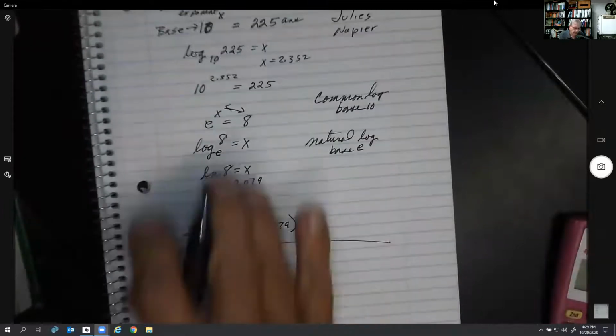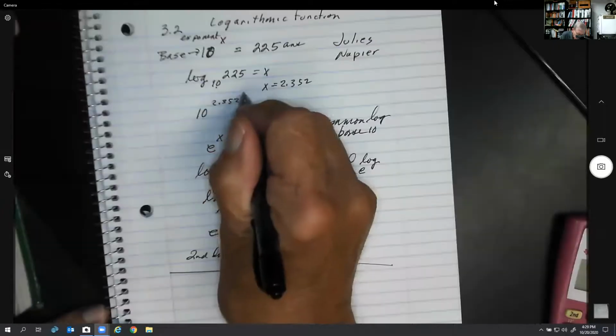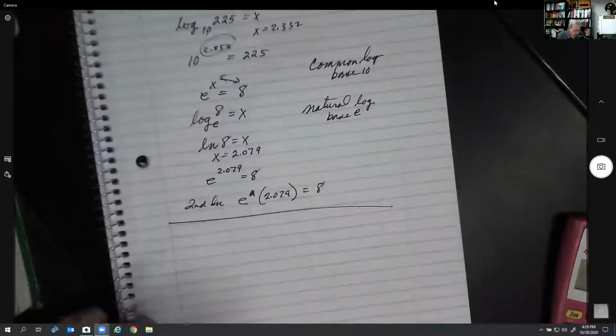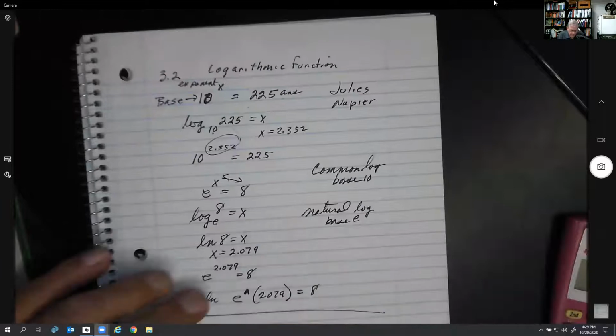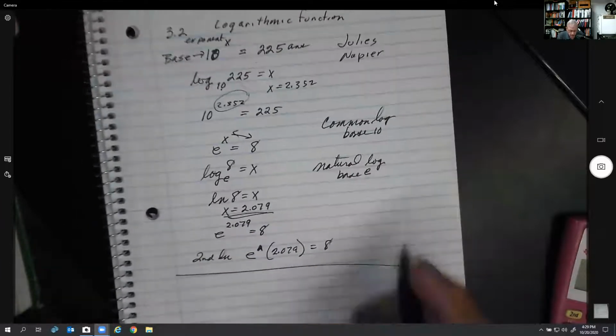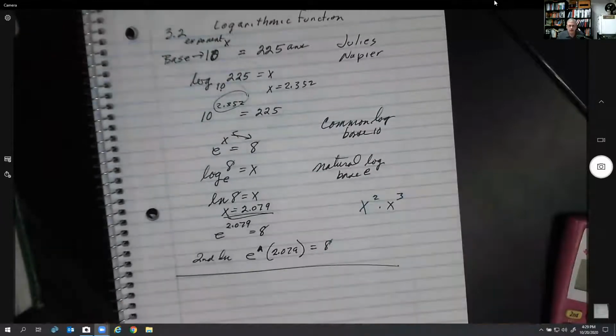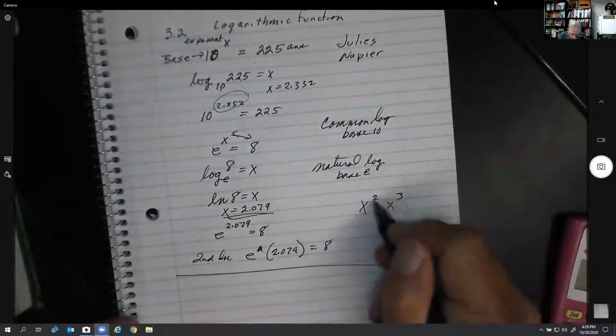So now you have a general idea what logs are used for, finding special exponents. So logs have certain principles. Because when we're operating in logs, we're really operating with exponents. And remember, when you're multiplying two things together, what do we do with exponents? We add the exponents.